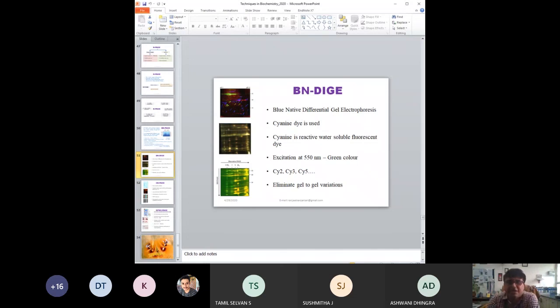But when you label all those samples using different cyanine dyes and run them in one gel, you can easily eliminate the variations and locate the different samples on one gel. So this is the beauty of blue native differential gel electrophoresis. Uses are the same as I explained in case of BN-PAGE. Basically it is preferred for membrane proteins or supramolecules or for trapping the biological activity of these membrane proteins on the gel.